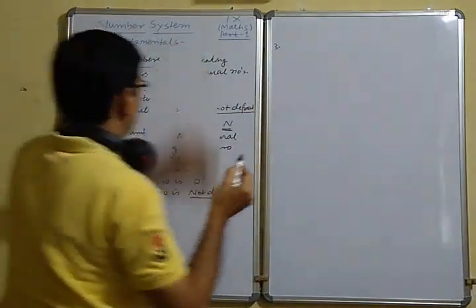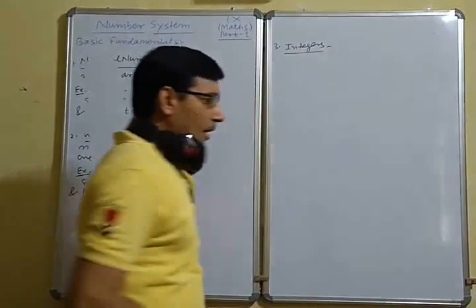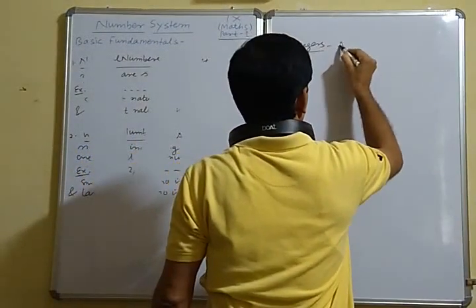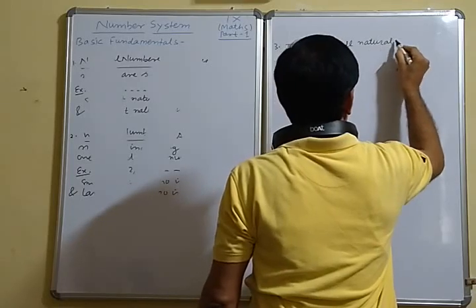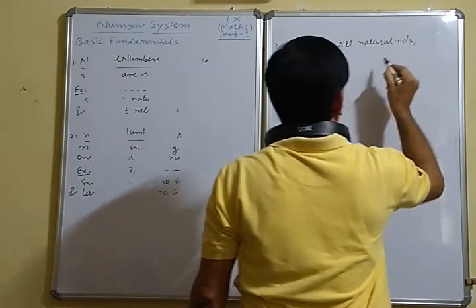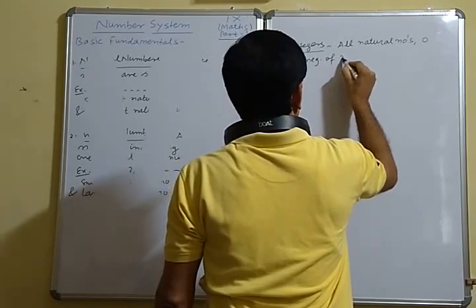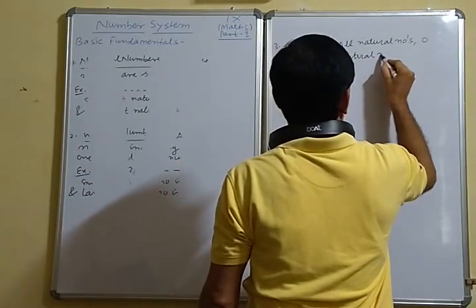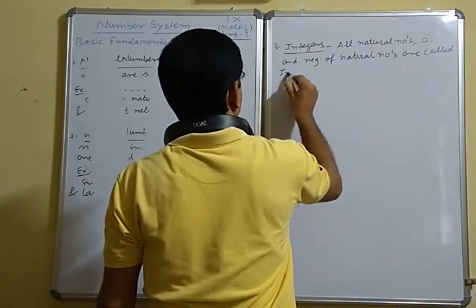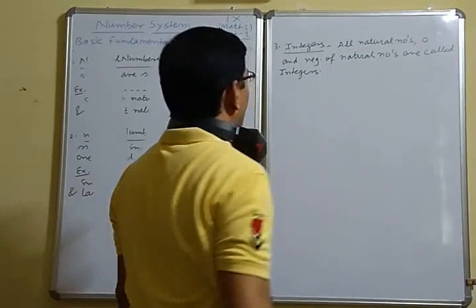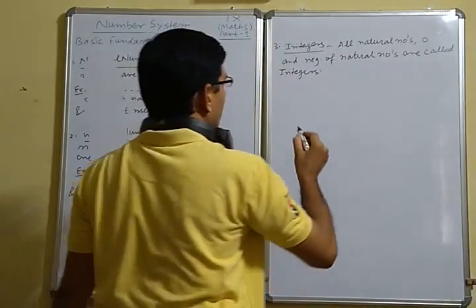Integers. All natural numbers, 0 and negative of natural numbers are called integers.